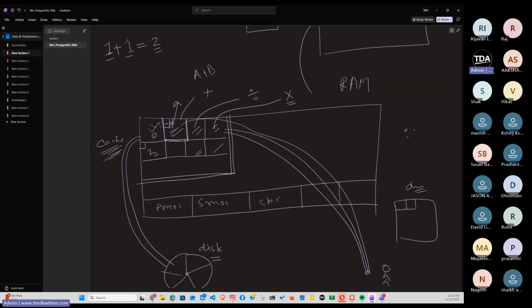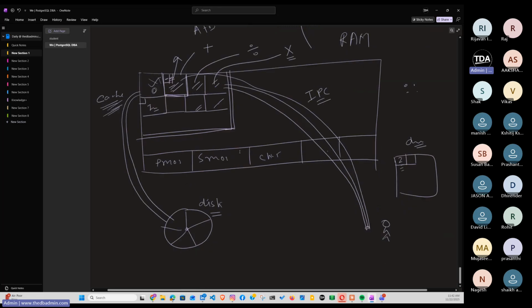So my display is going to communicate this 2 as a result on my calculator. So who is responsible for moving this data? IPC. This guy has completed his work, meaning this is a small cloud kitchen where food is prepared, but unless IPC is available, that food will not be served to the customer.